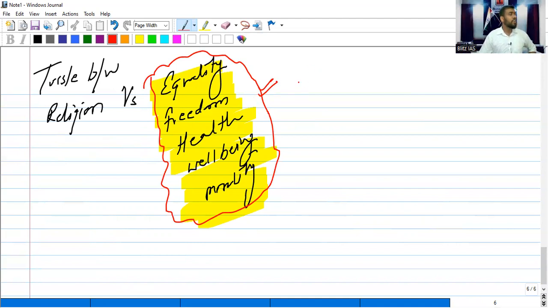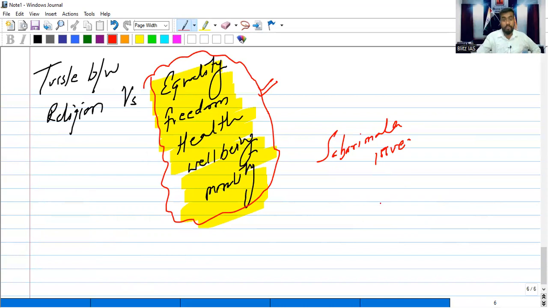I can tell you numerous examples. There is the example of triple talaq I told you. Sabrimala issue. Sabrimala temple is in the state of Kerala. Inside the sanctum sanctorum of this temple, there was some prejudice, some belief that a reproductive female cannot enter the Garbhagriha of the temple.